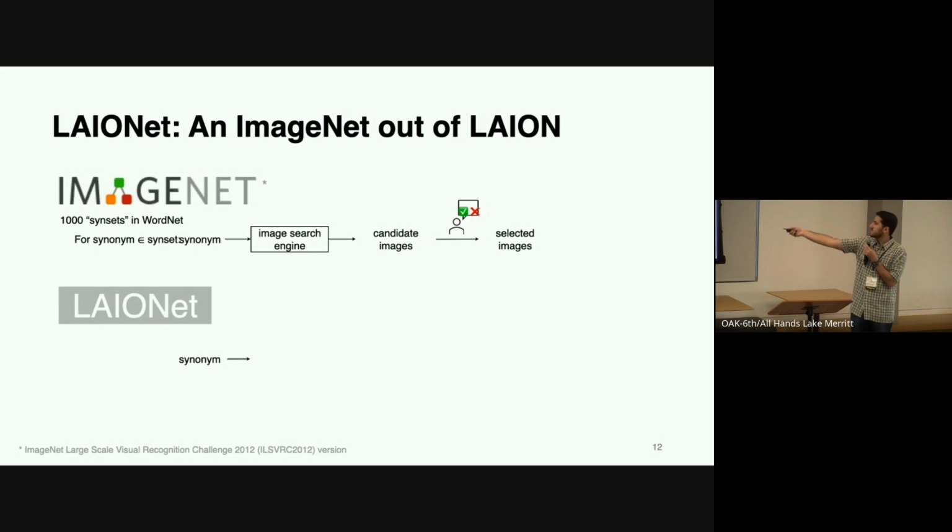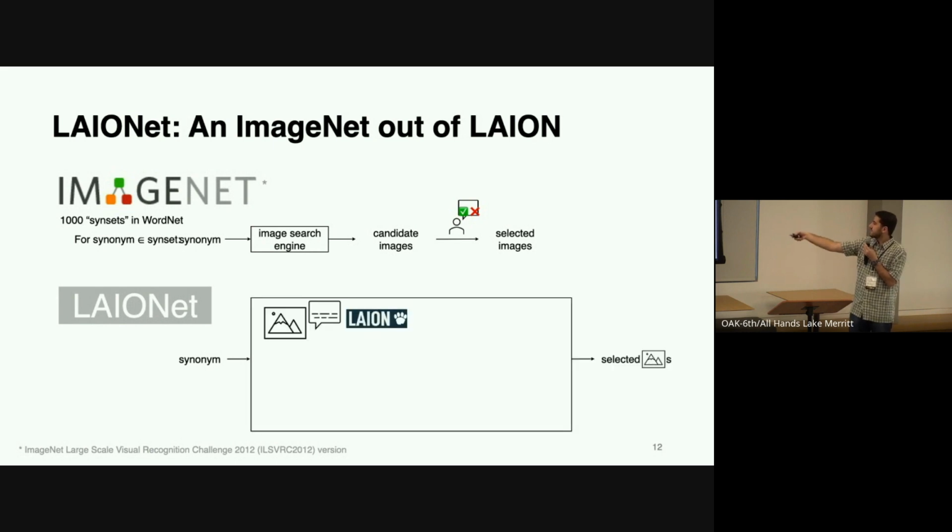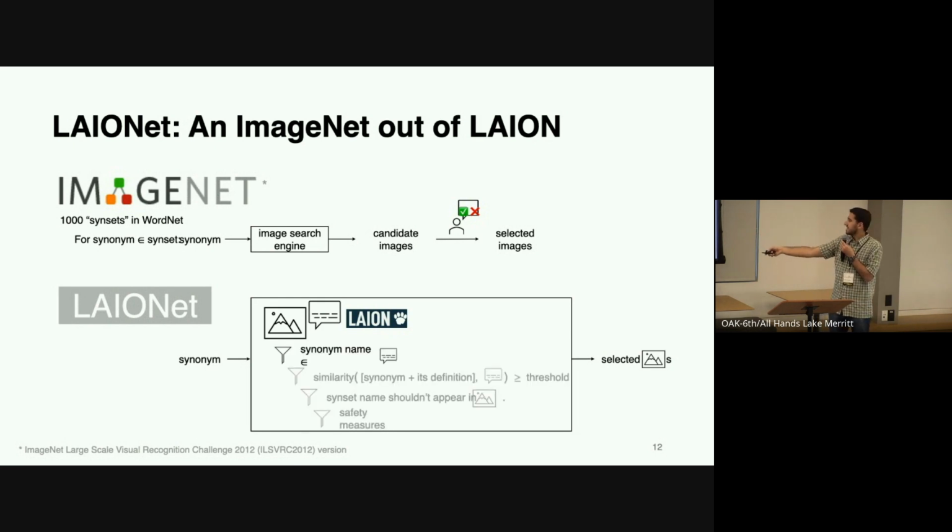What we do with LionNet is a kind of similar thing. We have a synonym in the synset, and then we go to the Lion. Lion has some pairs of image and text, and then we do some filtering. These are some criteria to ensure that we are choosing the right images. We make sure the synonym name is reflected in the caption. Use whatever text encoder you have. We use some MPNet, fine-tuned by the Hugging Face community.